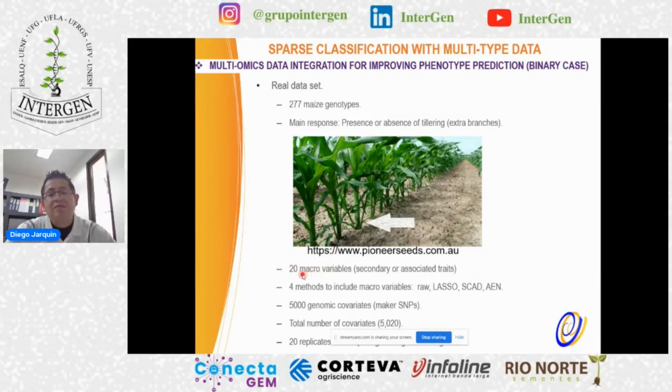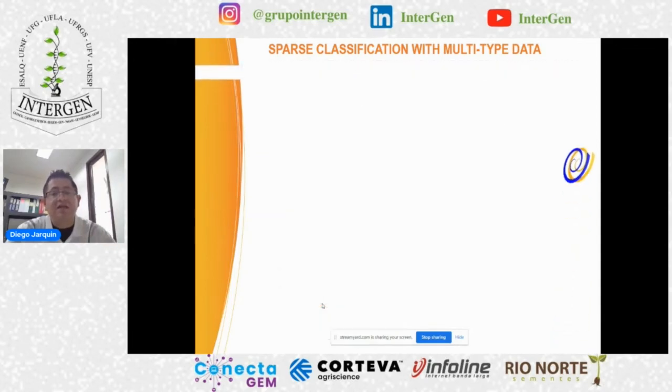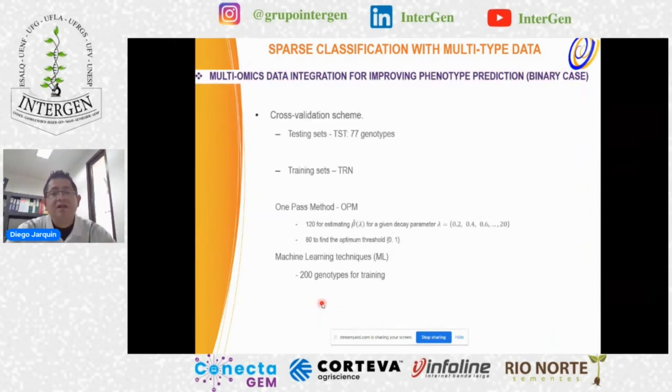So we have information on 20 macro variables or secondary traits, 4 methods to include the macro variables: raw, lasso, scat, and elastic net for the residuals, and 5,000 molecular markers, a total of 5,020 markers, for 20 replicates for composing training and testing sets. This is the way we conduct the cross-validation.